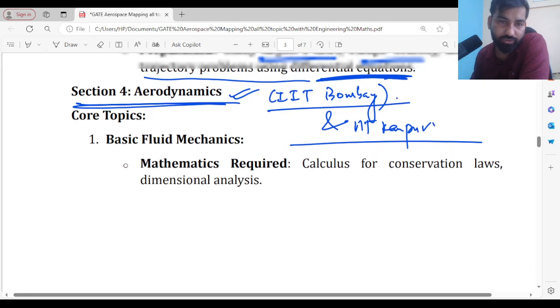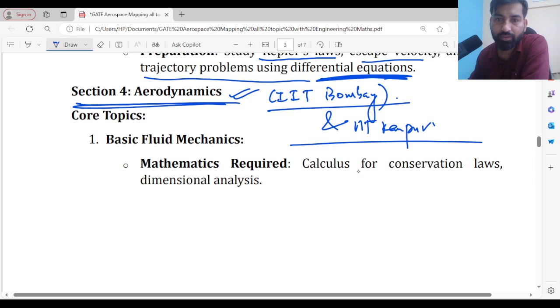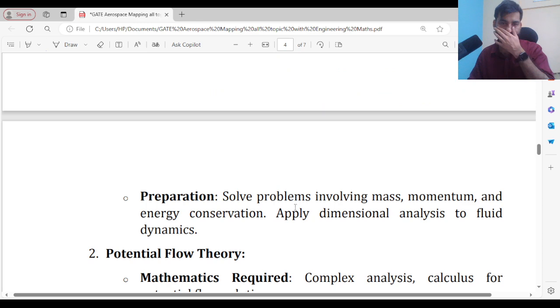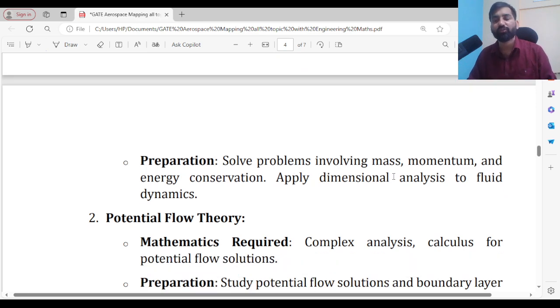In order to understand fluid mechanics, you need calculus for conservation laws and dimensional analysis. In fluid mechanics you need to understand divergence and everything, right? So you have to solve problems involving mass, momentum and energy conservation, and apply dimensional analysis to fluids.